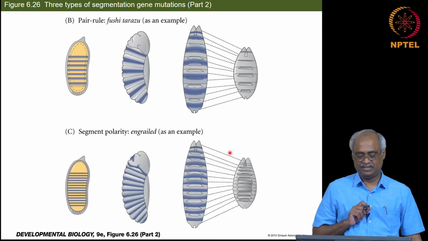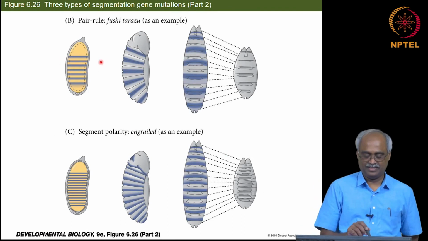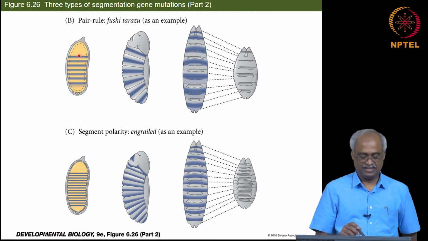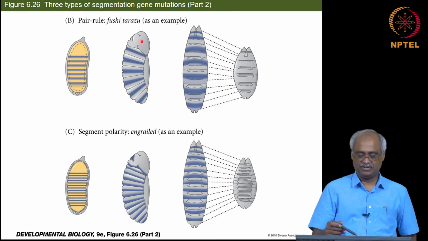This is the pair-rule gene Fushi tarazu, and again you see that in the very early syncytial embryo you have this expression pattern, and in the segmented late embryo you are going to have the focus on the anterior of one segment and the posterior of the adjacent one.